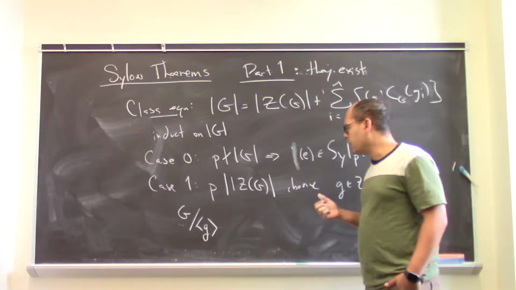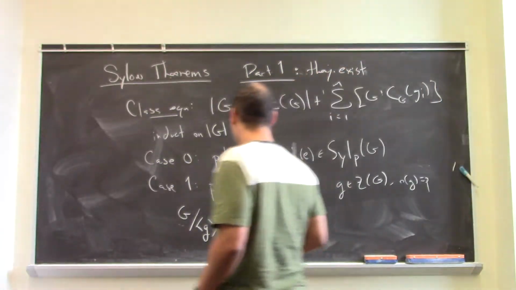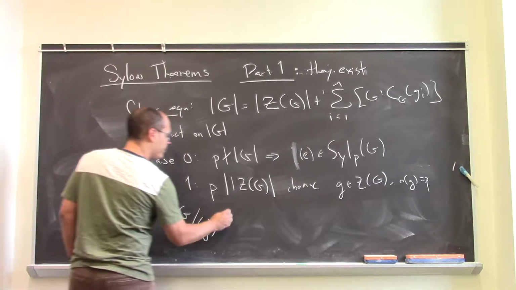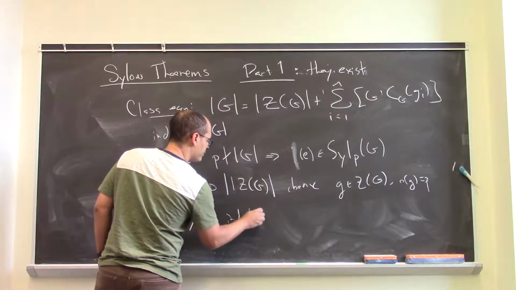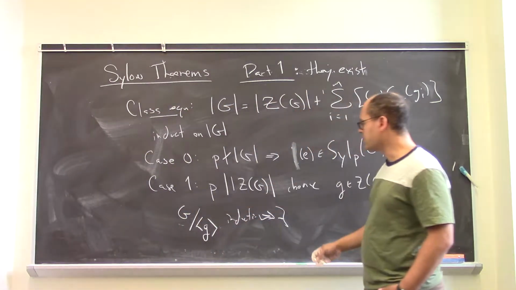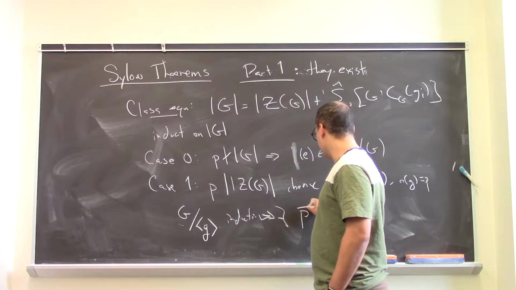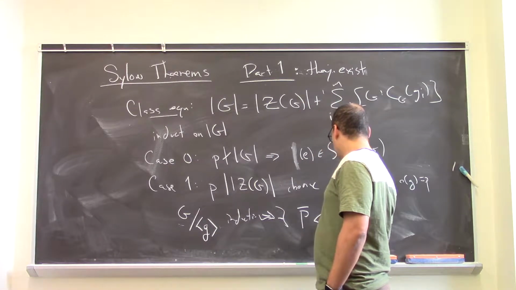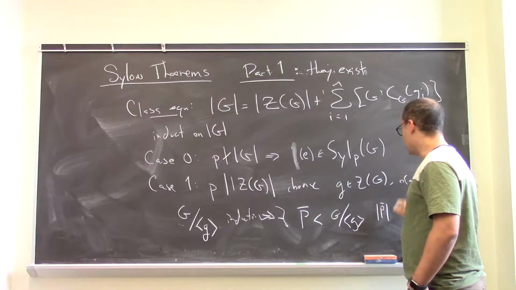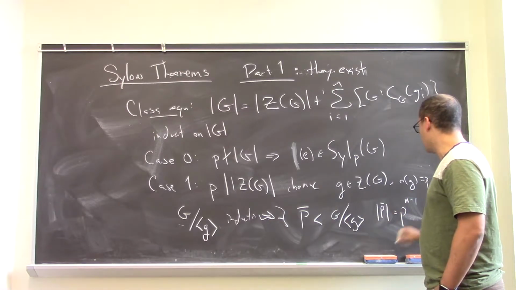I know that this is a group of smaller order, and so induction implies there exists some p-Sylow subgroup of that. Of course, there exists some P bar inside of G mod <g>, where the order of P bar is the highest power of p that divides this, which is now, of course, p to the n minus 1.